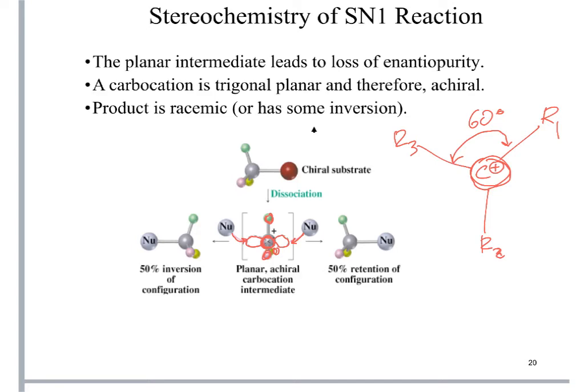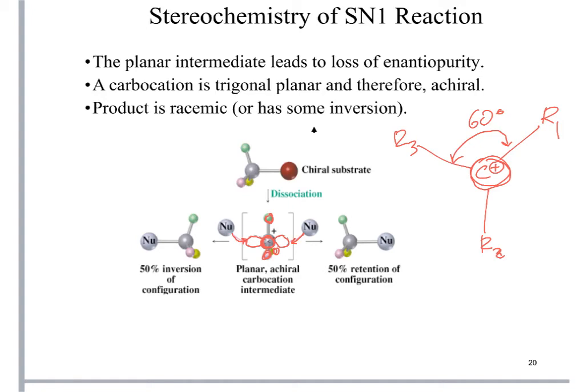And some theories describe how the leaving group is still slightly associated with the carbocation in a transition state, leading to bias in the stereochemical outcome. But let's just focus on the most prevalent example, where you will see inversion and retention occurring to the same extent, leading to loss of enantiopurity at the stereogenic center of the product.